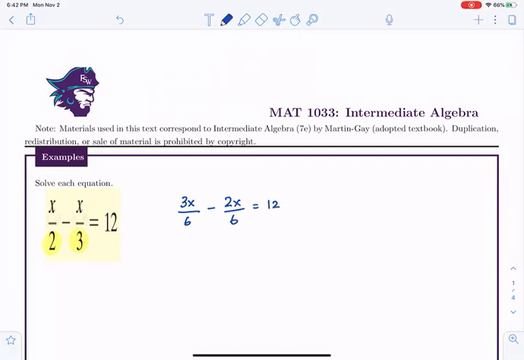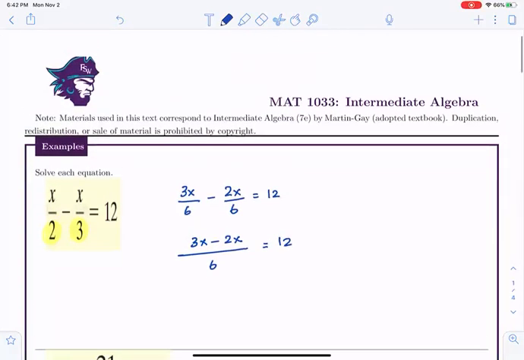Denominators are identical, so we add the numerators, which would equal 12. 3x minus 2x is simply x divided by 6 equals 12.